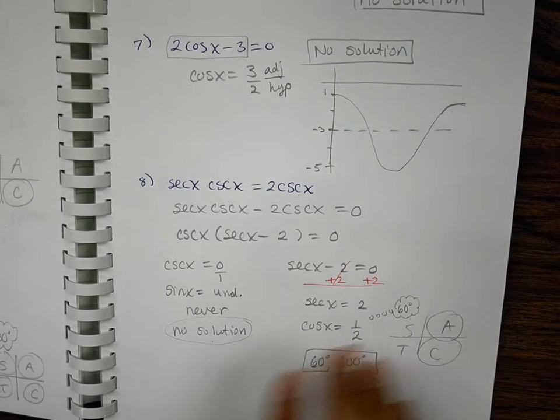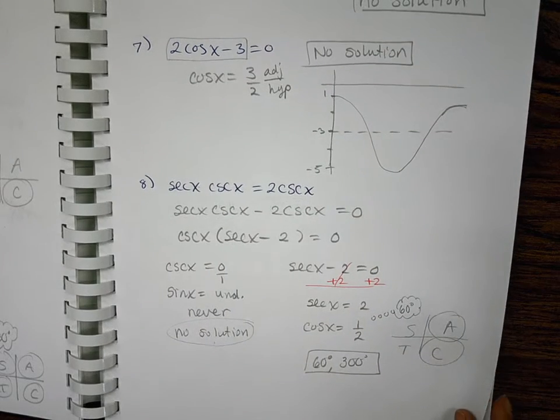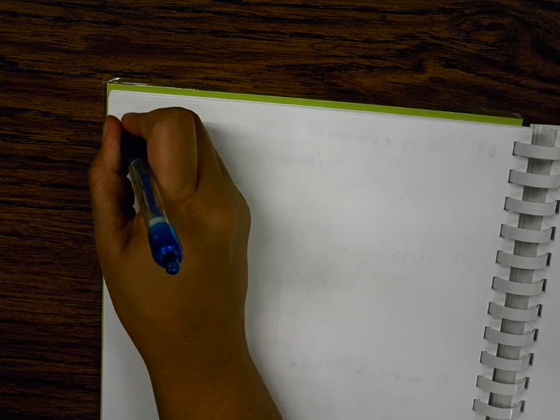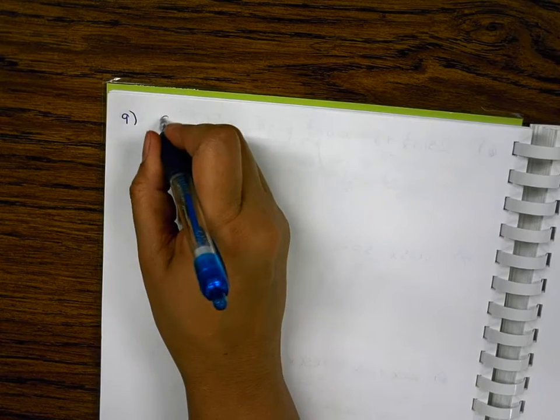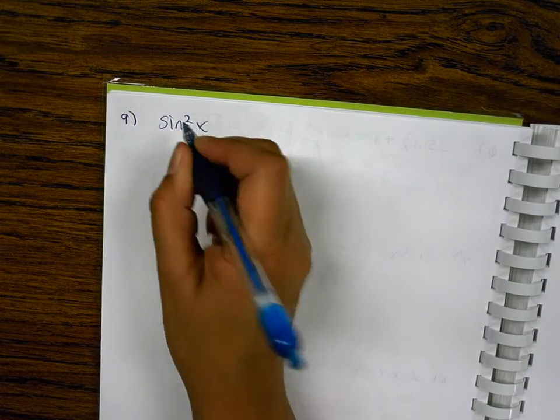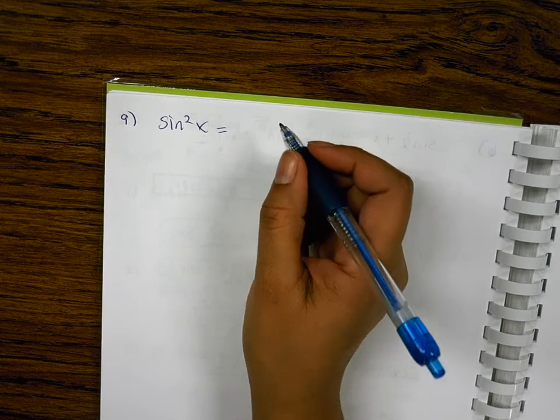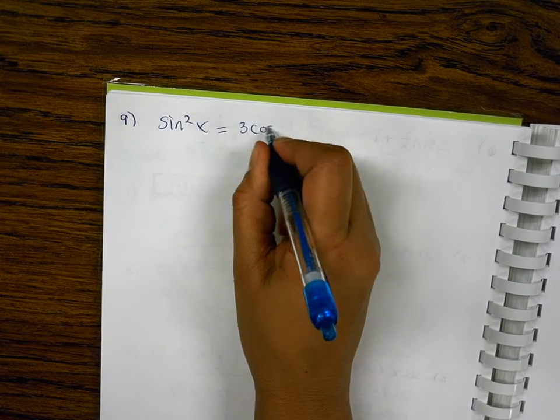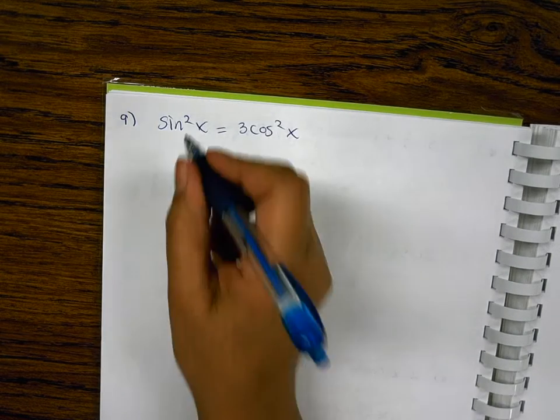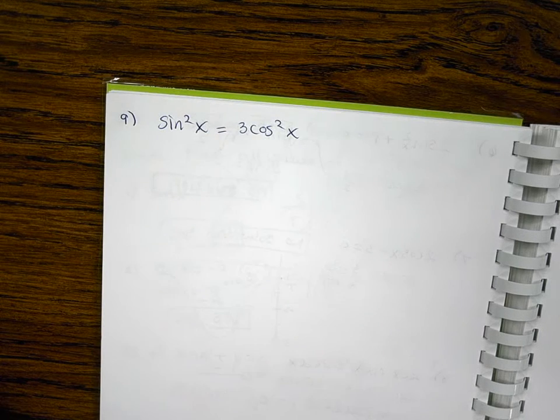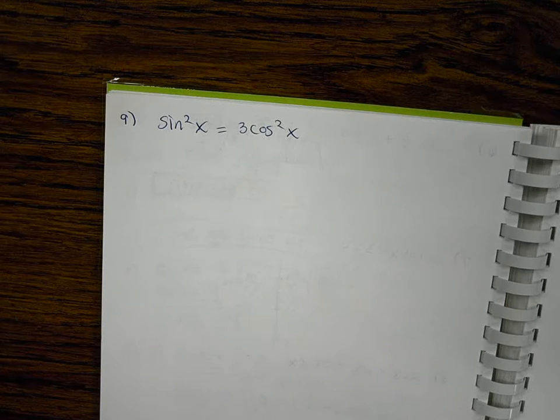All right, number 9. Sine squared x equals 3 cosine squared x. All right, I'm going to get it equal to 0 so I can try and solve.